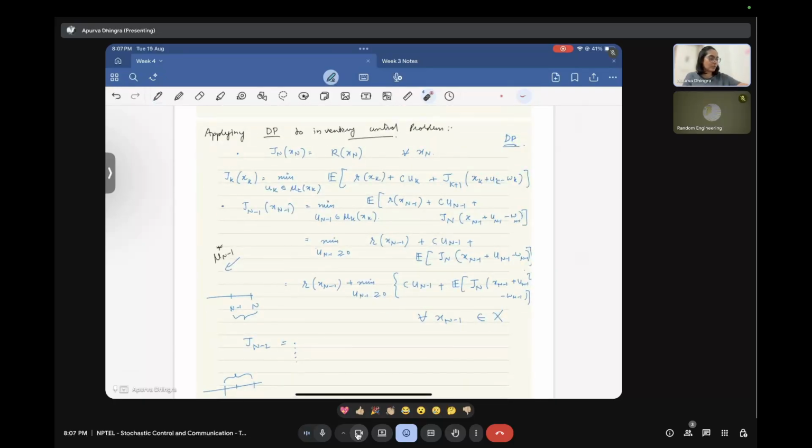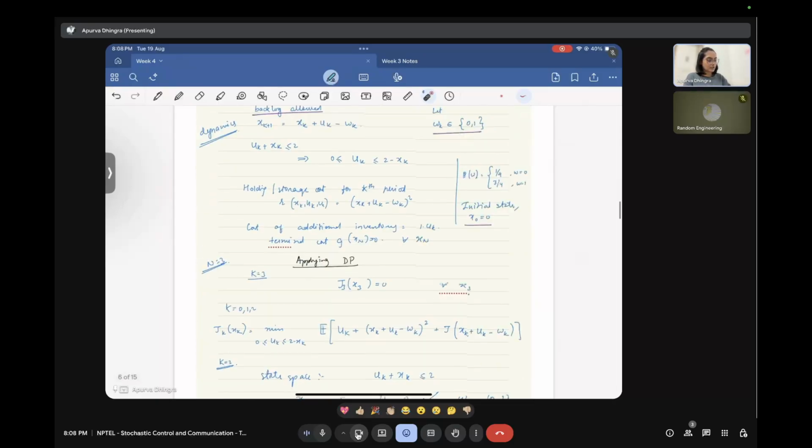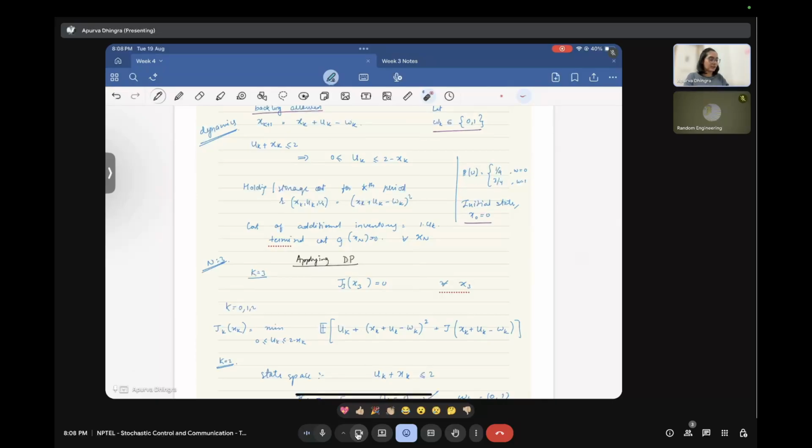First, we started by looking at how these J values are to be written down for different time steps k. Then we actually took a specific case with some constraints on the action, some specific kind of demand, and so on, and tried simplifying for it.